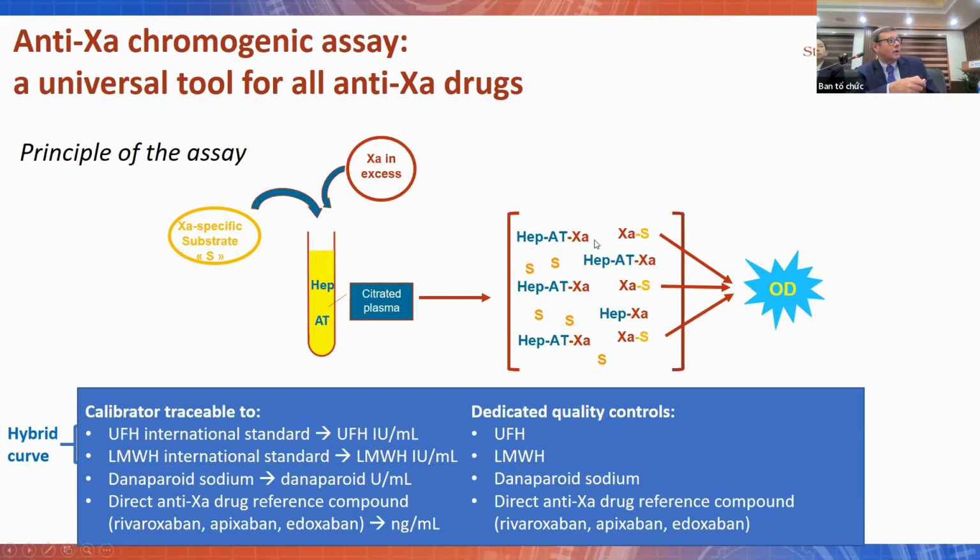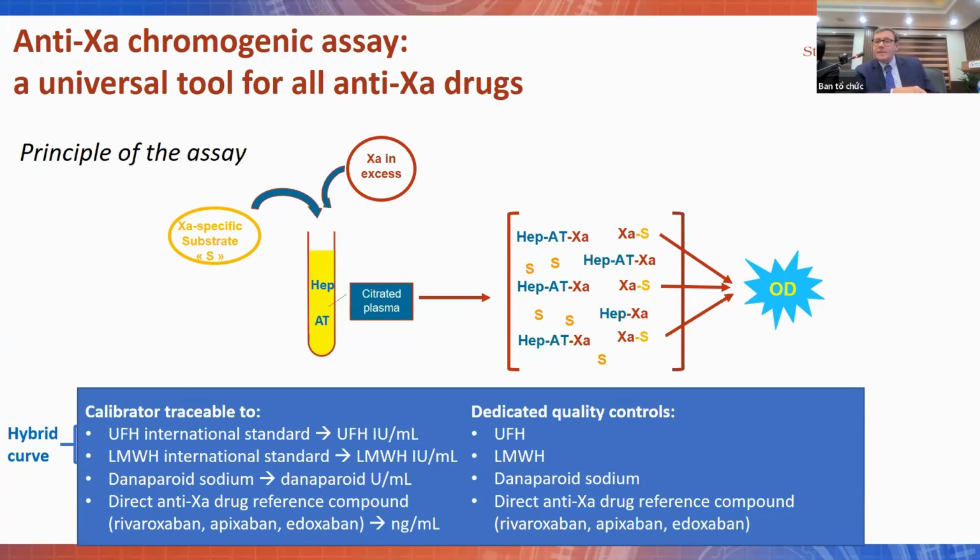Heparin combines with antithrombin and factor Xa. As you have added factor Xa in excess, there is still free factor Xa that can react with the specific chromogenic substrate. With that, you develop a color, and you can measure an optical density which is inversely proportional to the amount of heparin in your tube.